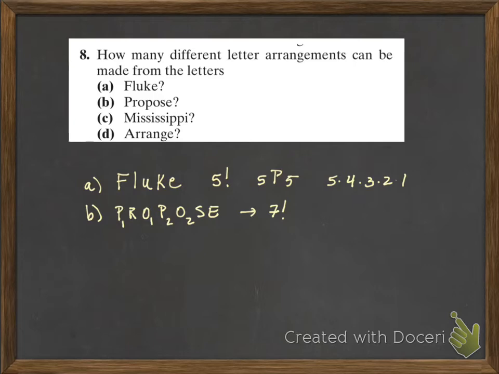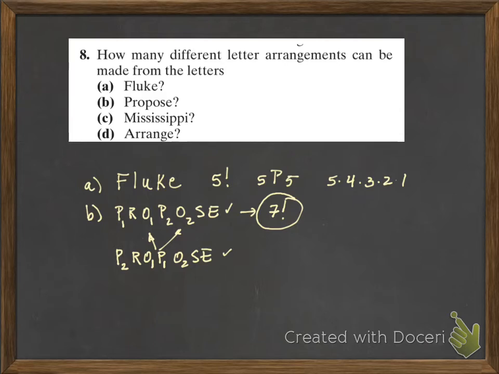However, we see that they're not distinct. We have 2 O's and we have 2 P's, and so what this 7 factorial counts is every arrangement including P2, R, O1, P1, O2, S, E. So it would count these 2 words as separate, whereas they're in fact the same word. We can see that they're labeled P1 and P2, but in fact they're just 2 indistinguishable P's.